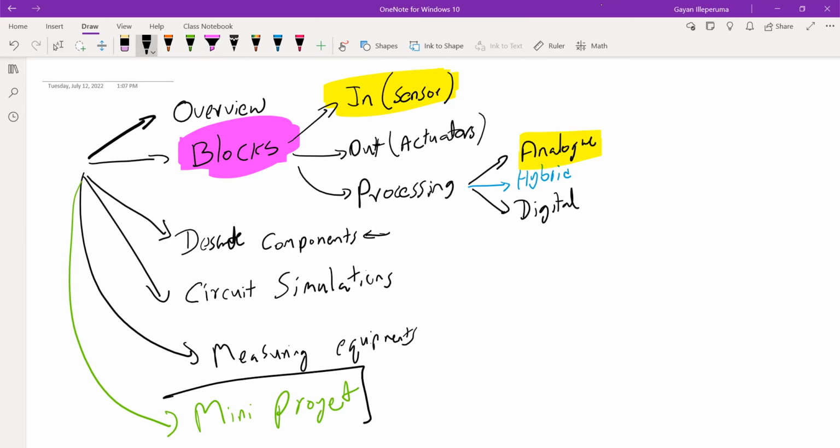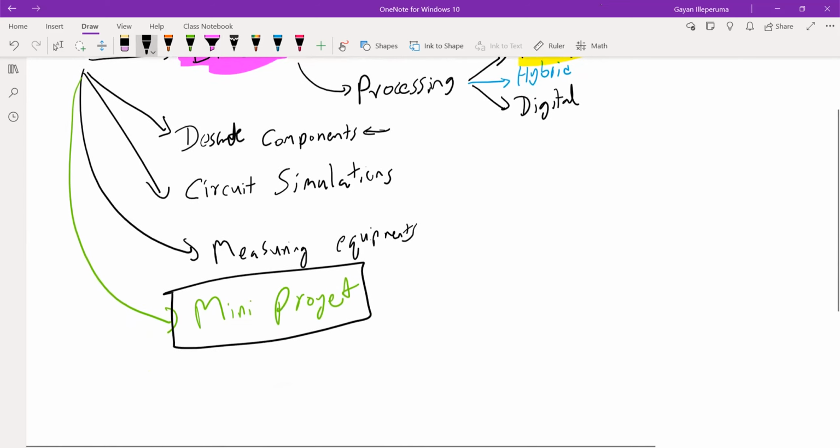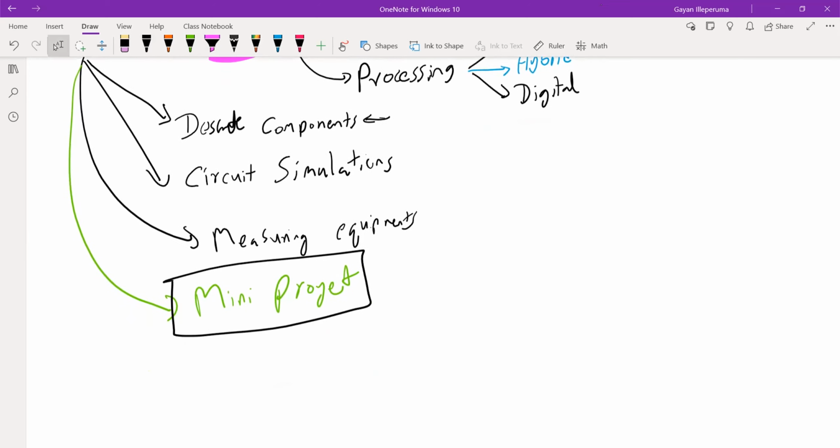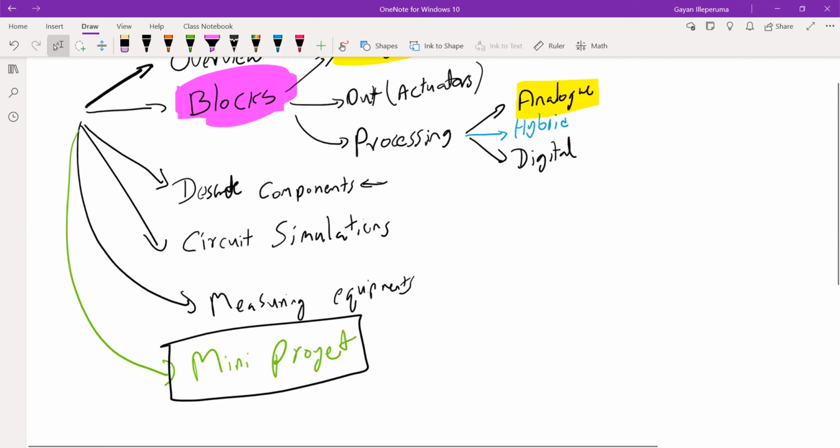So the final objective will be the mini project. We will give you some specifications, or we can ask you to come up with a project idea yourself. Then you have to go through this phase and design your own circuit. That's the overall view.